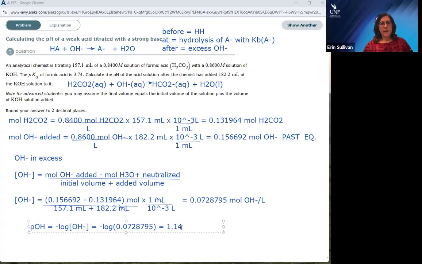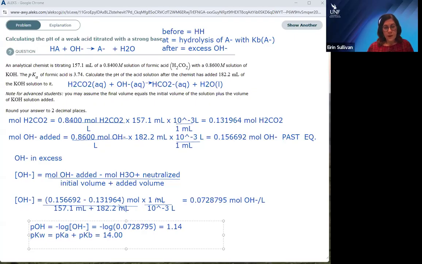Remind yourself this is the pH of a weak acid titrated by a strong base. A strong base is in excess, so that pH should definitely be a basic pH. It's a basic solution, right? We have just hydroxide in excess. So I've got to remember my pKw expression: pH plus pOH equals exactly 14.